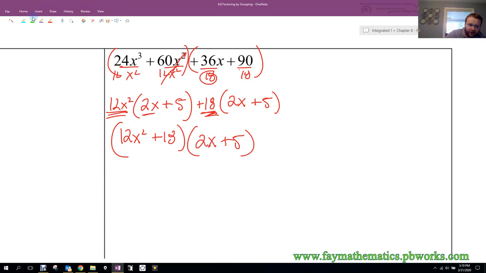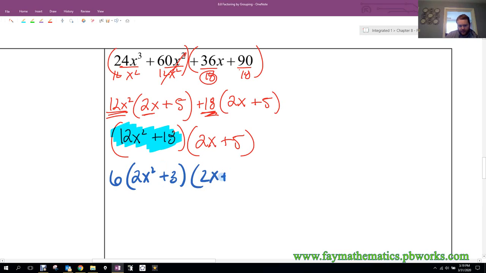Okay? Now here's where we recognize that there's a GCF still in there. They both divide by 6. So pull a 6 out. 12x squared divided by 6 is 2x squared. 18 divided by 6 is 3. So we get that. Okay?